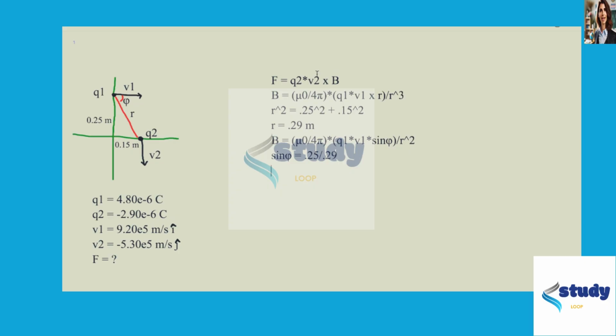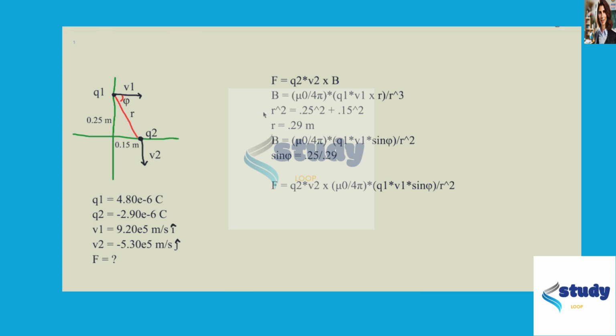So finally, when we come here to plug this all in, we're going to have the force is equal to Q2 V2 cross B. So I'm just going to plug this whole thing in right here for B. Now, again, we have a cross product that we're going to need to deal with. So first, let's think about the direction of the magnetic field at this point where Q2 is.